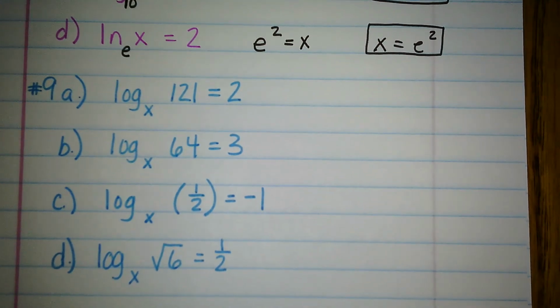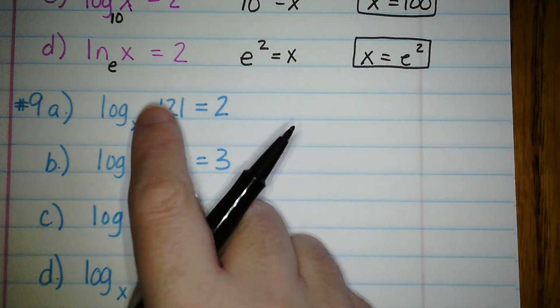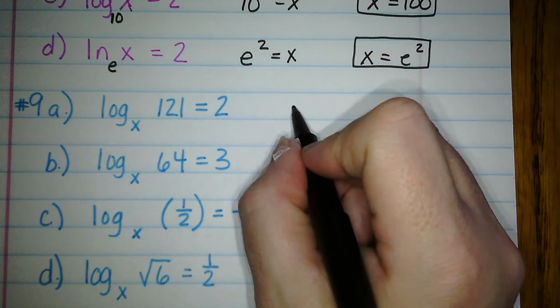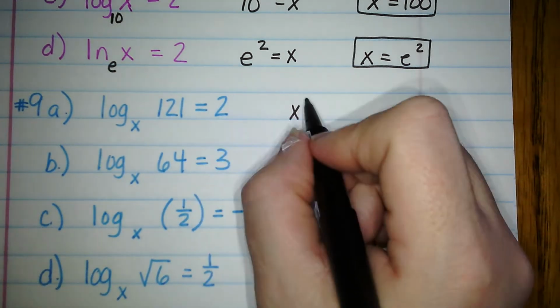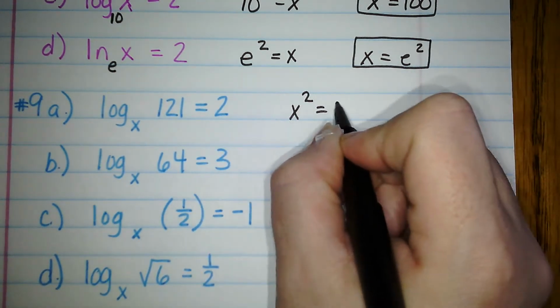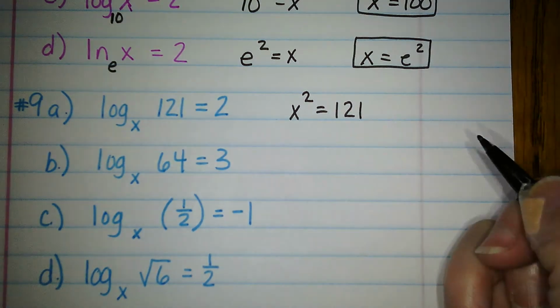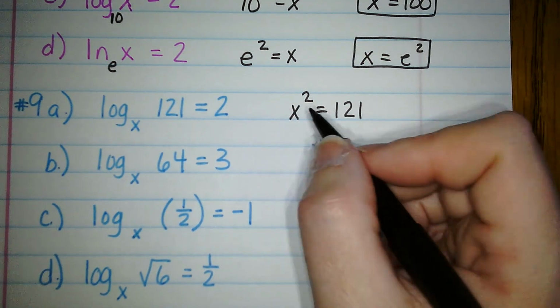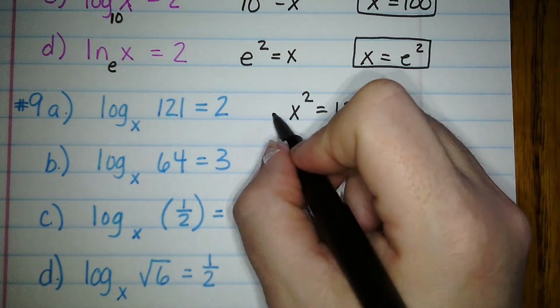Again, just looking at these, we're putting them into exponential form so we can solve for x. The base is now x, so we start with the base to the exponent equals 121. And of course, in order to solve for this, we would have to take the square root of both sides.